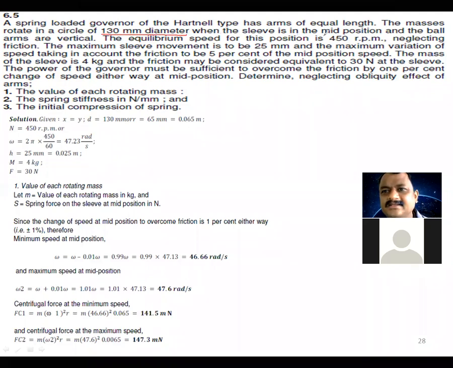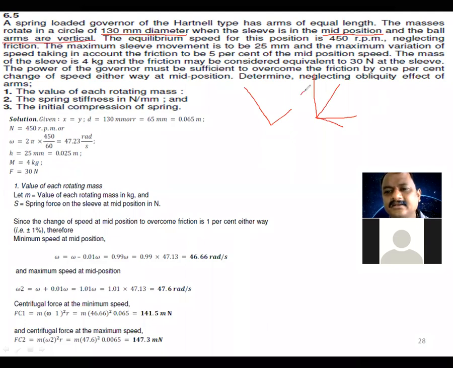When the sleeve is in the mid position, the maximum position is this, the minimum position is this. So at the mid position, the equilibrium position, the ball arms and sleeve arms are vertical.